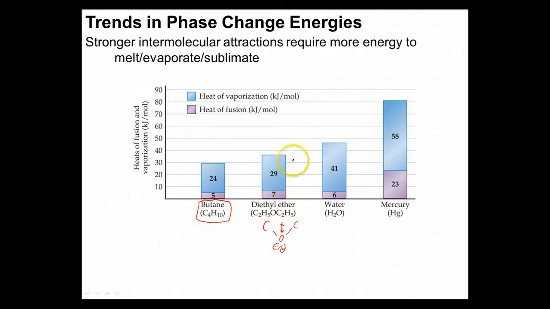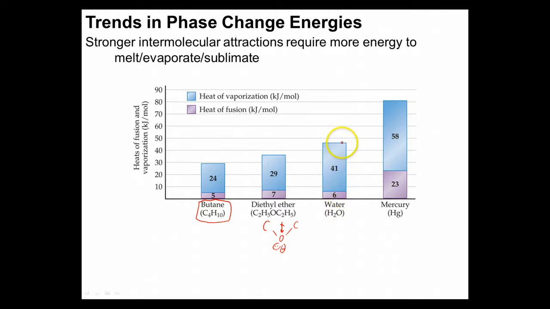But the more telling one is how much it took to get from liquid to gas or gas to liquid. Butane, with no intermolecular attractions other than London forces, takes about this much energy. Here we have lots of London forces, and we've turned on two dipole forces here and here. That shot it up a bit. Here we turn on a total of 4 abilities to do hydrogen bonding.